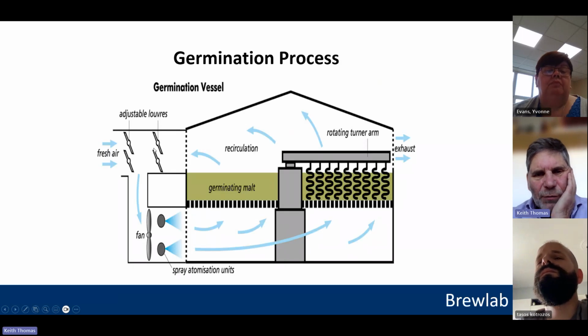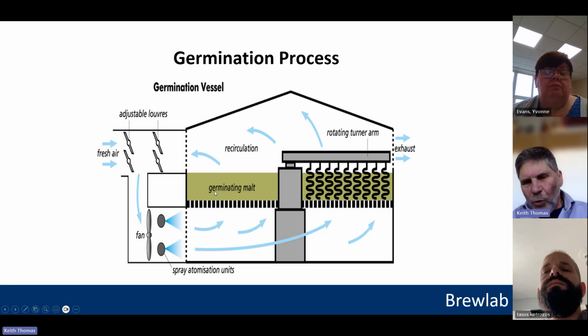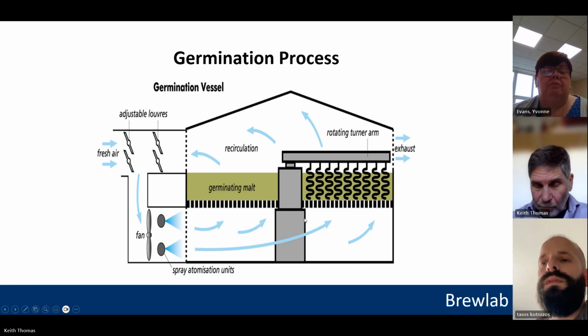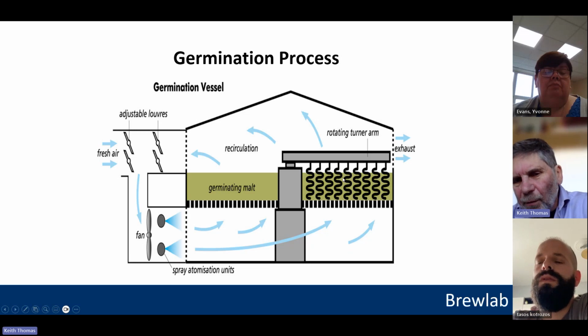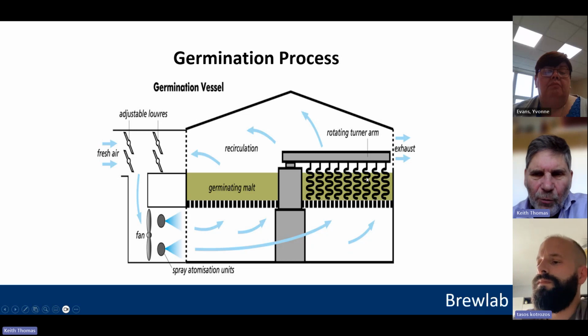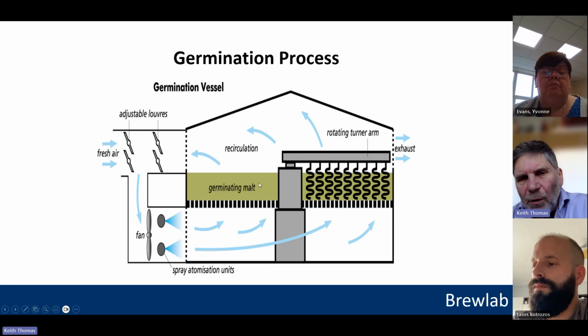A visualization of a germination vessel is fairly straightforward. It's got a working floor with the germinating malt on it, and an underfloor which directs air in through the perforated plates so that the malt can be stirred and mixed with the air, venting out the carbon dioxide and bringing in oxygen continuously.